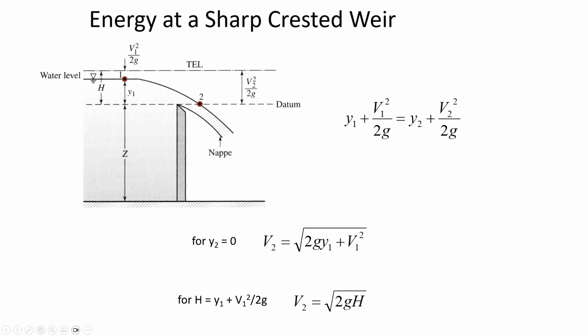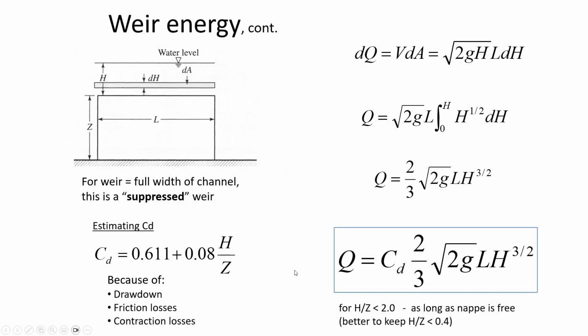And so we can combine those two terms, and most of the energy upstream of the sharp-crested weir is the depth itself, but strictly speaking, H is the specific energy there, and so we could calculate the velocity of the flow with that.